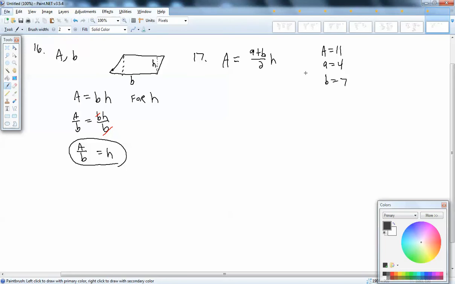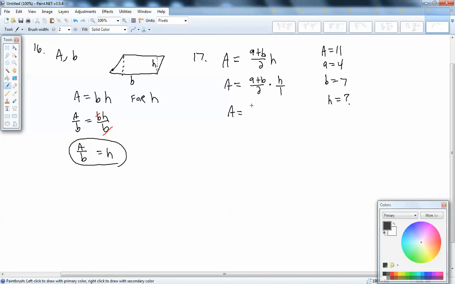Okay, well that's h. So we're trying to find h. They don't want us to actually plug those in. They say without substitution, so we want to solve for h. Now, we've got a plus b, and that's multiplied times h. So there's an implied times in there. If you're going to multiply fractions, they both should be fractions. So I could put the h over 1.